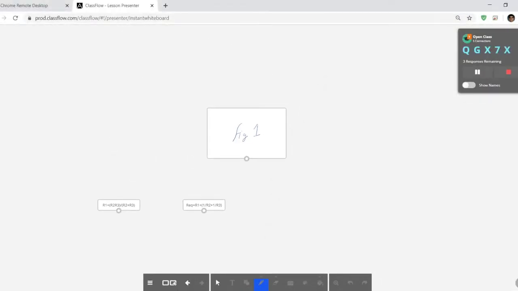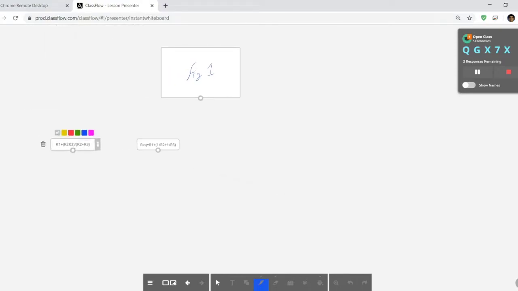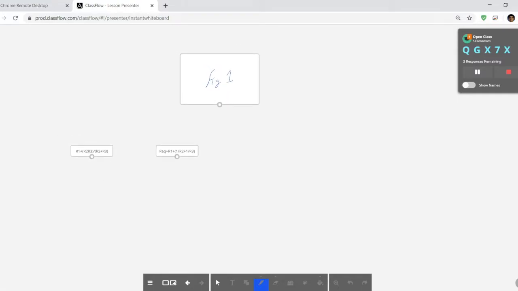Let's take a look. It's glitching out. I can't zoom in. I have to actually click on it. No, I can't. R1 plus R, oh, you did the actual combination rule. Very good.